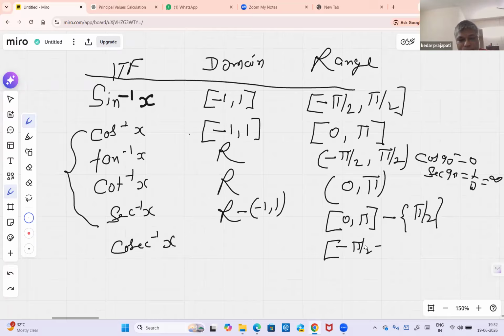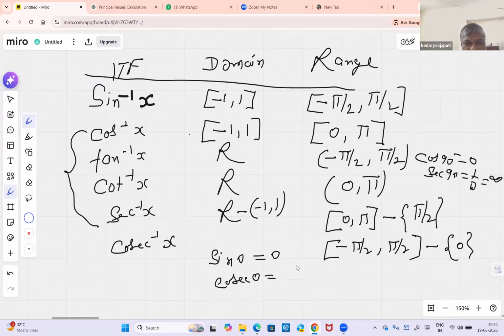And it will not be defined at 0. 0 is excluded, because sine 0 is 0, so cosec 0 will be 1 by 0, undefined. Getting my point?